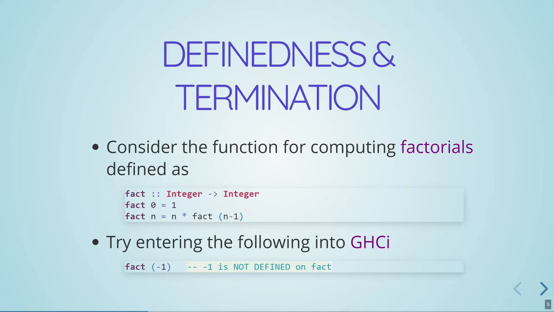So let's say we call fact on a negative number, like -1, or really just any negative number. What's going to happen is fact is going to infinitely recurse. It's going to keep calling n minus 1, and it's never going to end up at 0. So fact is not going to terminate, we would say. We would also say that fact is not defined on -1 here.